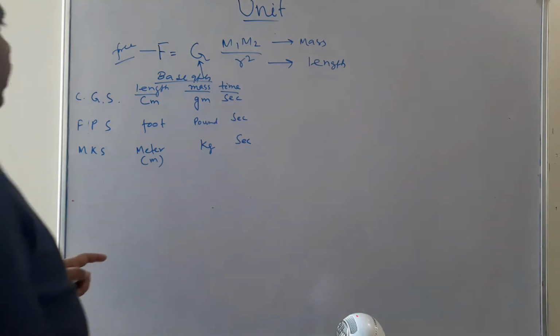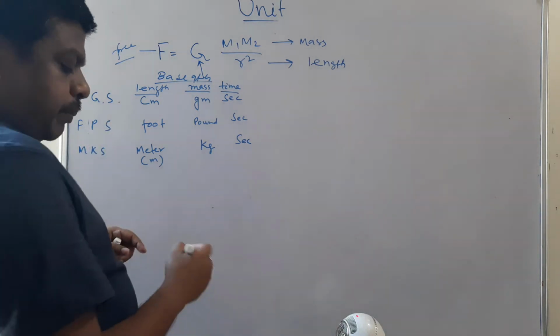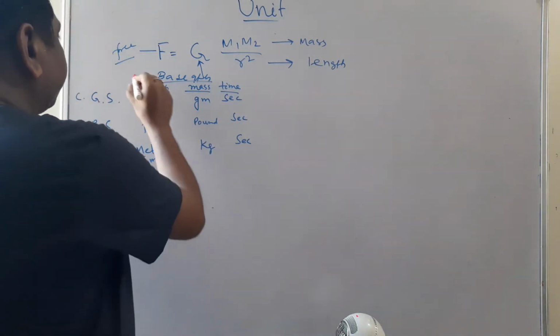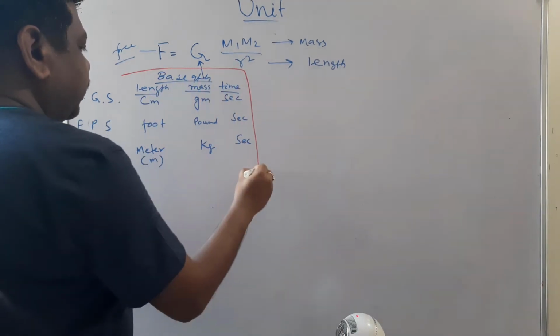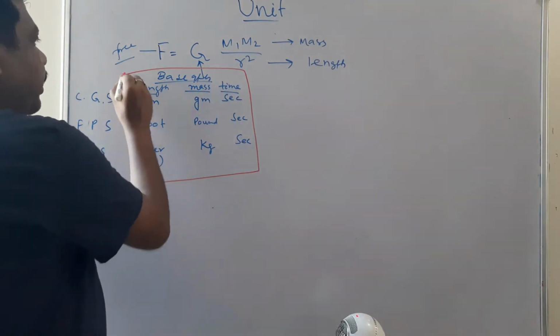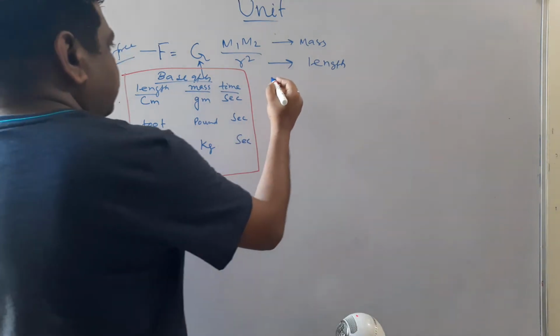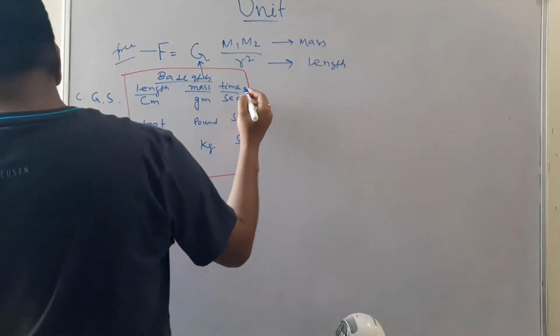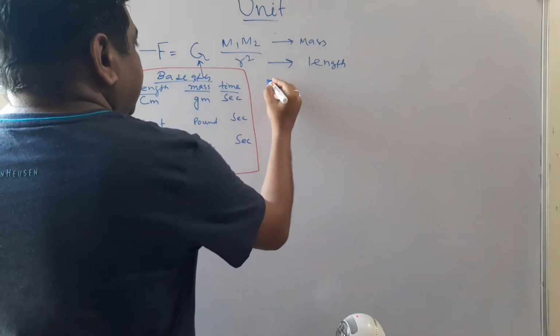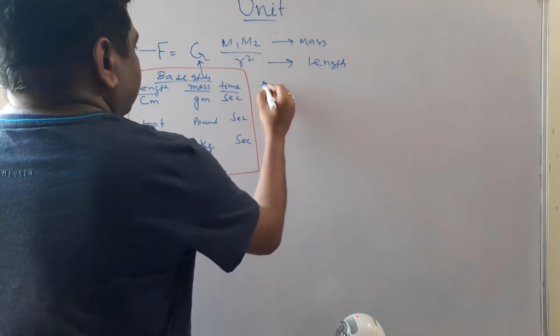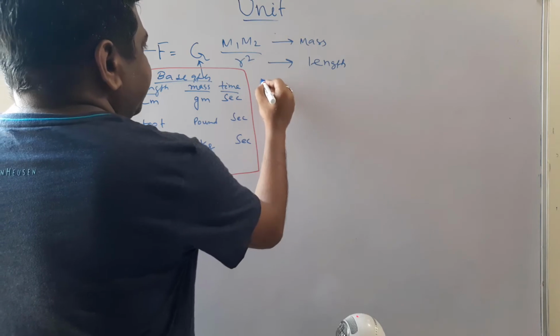Now using these base quantities we can calculate the unit of any derived quantity. So let's find out some derived quantities. First we calculate the velocity v.